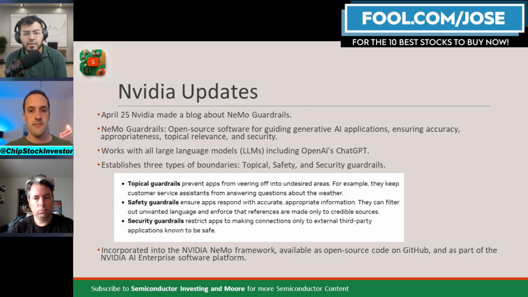For example, this NVIDIA NeMo framework is available as open source on GitHub and is also part of NVIDIA's AI enterprise software platform. So maybe a company is not using any NVIDIA solutions out there, but let's say they want to get these guardrails, they can get them, and then they might see the benefits of using some of the other solutions that NVIDIA has.